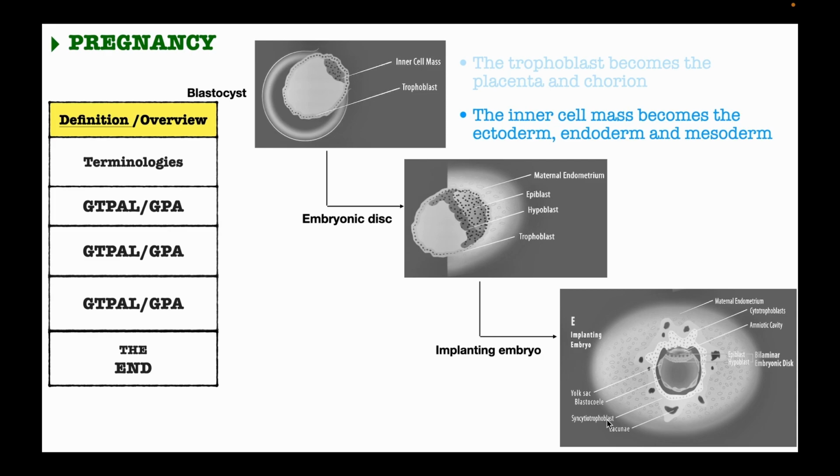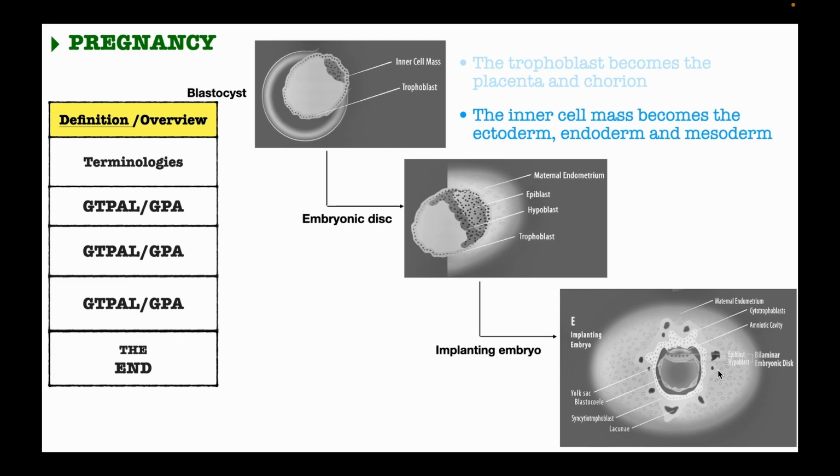This syncytial trophoblast also secretes some estrogen, progesterone, and human chorionic gonadotropin hormone, as well as the placental lactogen by week 8 of gestation, whilst the cytotrophoblast also secretes the human chorionic gonadotropin hormone.